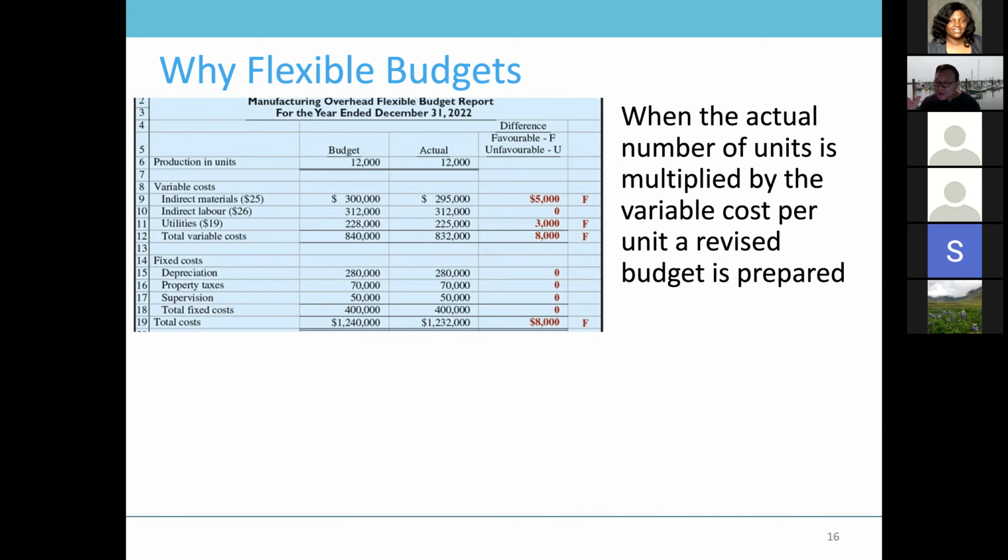Remember, when we talk about cost behavior, we are saying that under a certain relevant range, the fixed cost does not change with the level of activity. So we assume that 10,000 and 12,000 are still in the relevant range, so the fixed cost doesn't change. There's no variance, but all these variances are favorable.